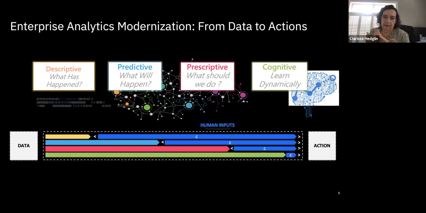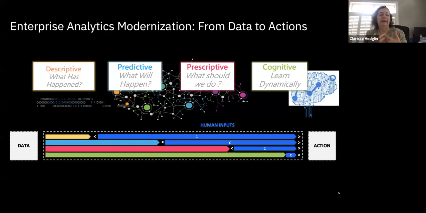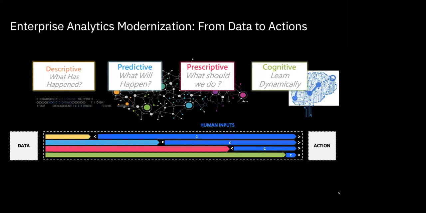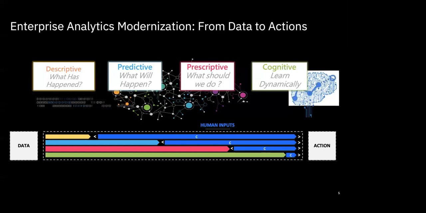Finally, you can get to the cognitive piece where you've got more and more automation and more insights from historical data and from data from various sources, where in fact the data piece is the biggest and most important factor in your analytics work. And the human interaction is coming from final checks and defining how to look at the data and basically letting the data help you define what your actions should be based on the insights that you're getting from the data.